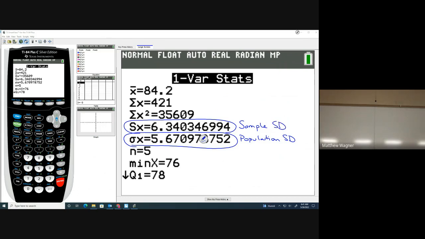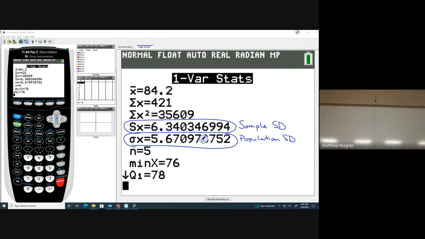Remember, we're dividing by n minus 1 with the sample standard deviation versus n, so it makes sense that it's going to be a slightly higher number. It gives a more unbiased read on your data. So just make sure you know the difference between the two: a population standard deviation versus a sample standard deviation.